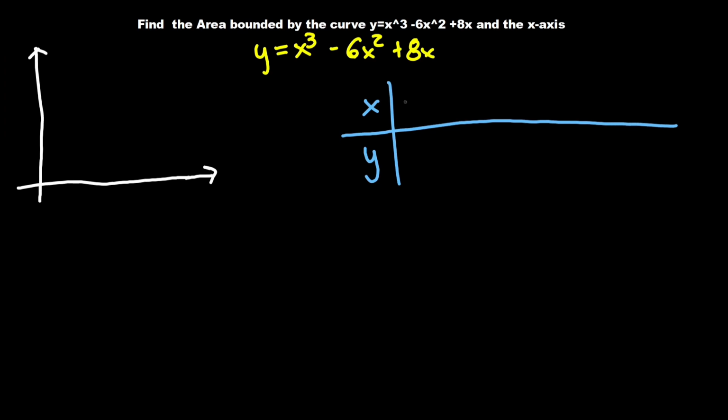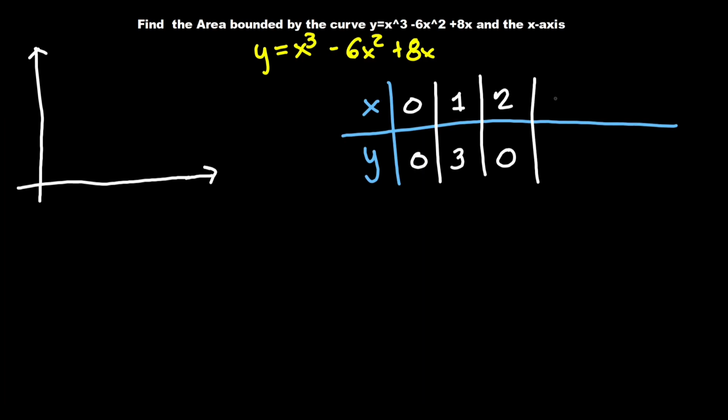if x here is equal to 0, y here would be equal to 0 also. If we substitute 1 for all of the x, we would have y equal 3. If x here would be equal to 2, y here would be equal to 0.